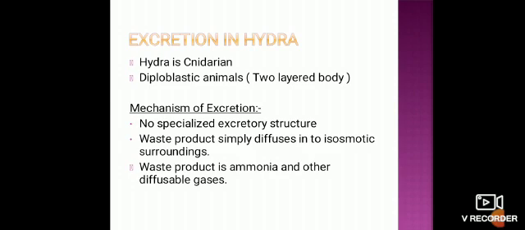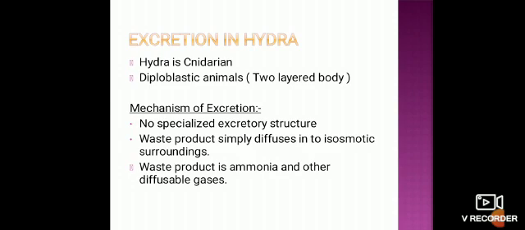Hydra belongs to phylum Cnidaria. These are diploblastic animals having two layers of the body, ectoderm and the endoderm. The mechanism of excretion is that they have no specialized excretory organ.